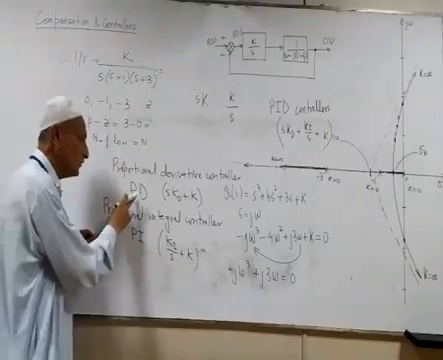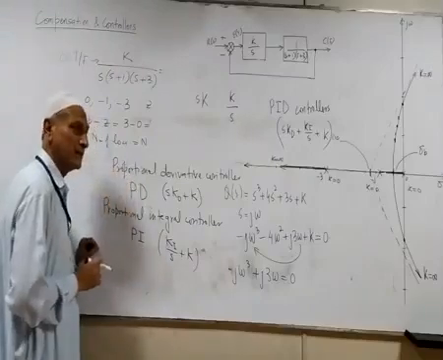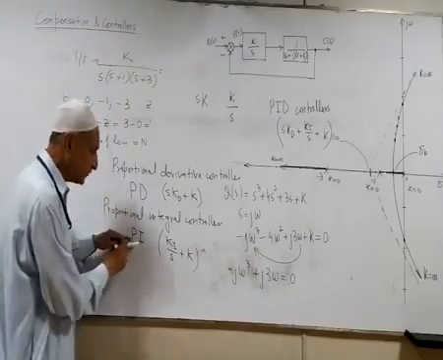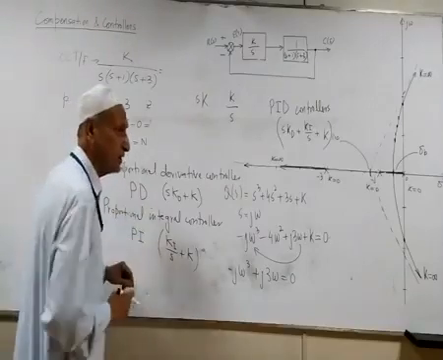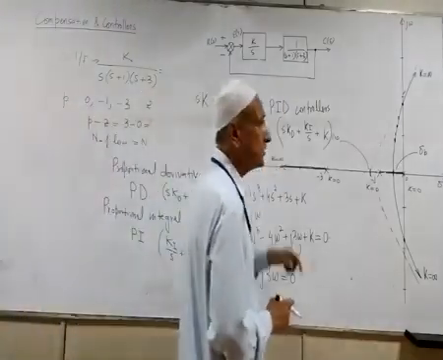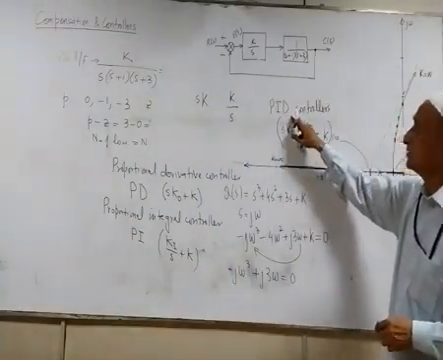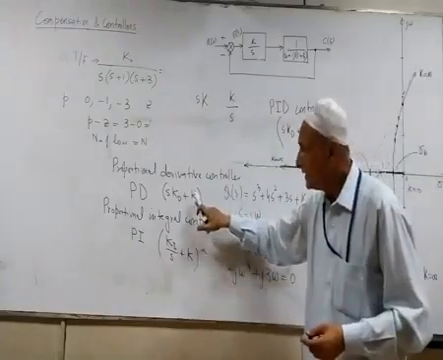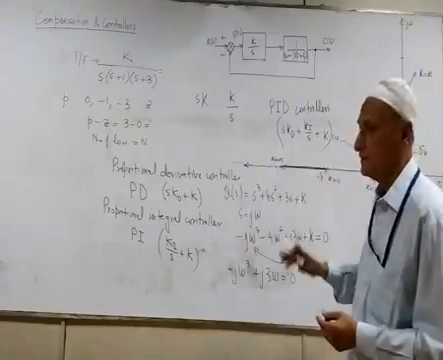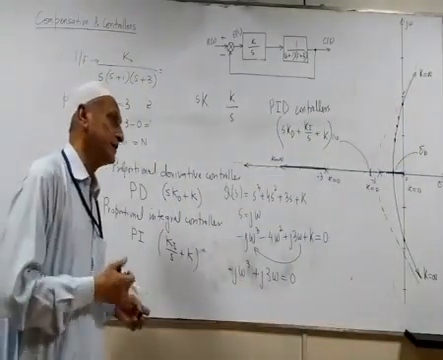PD improves and compensates the transient response. PI controller, proportional integral, is for compensation of the steady state response. PID controller is for the compensation of both, and proportional means adding a proportional gain in either case. So practically we have PD, PI and PID controller.